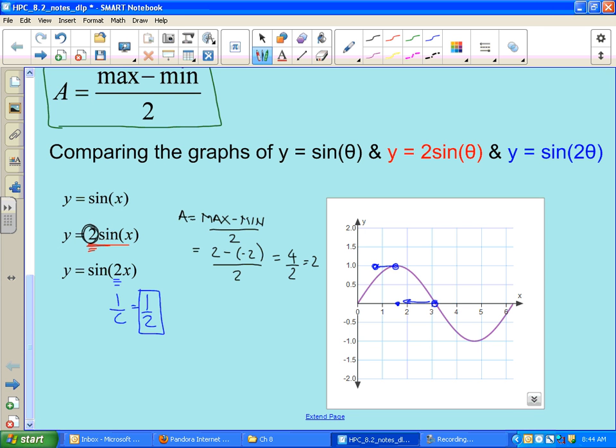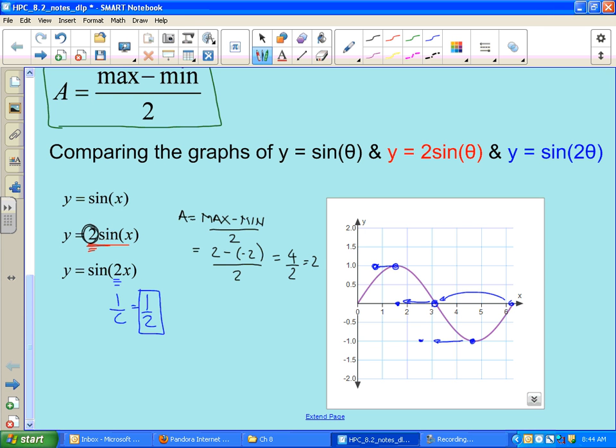And the other one: 270, or 3 pi over 2, becomes half of that. So we're going to be back in here. And 2 pi, or 360, half of that takes me back to that point.